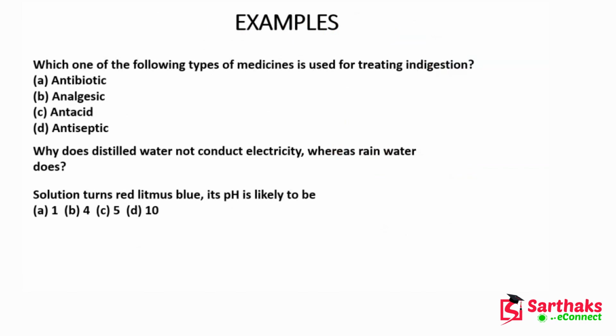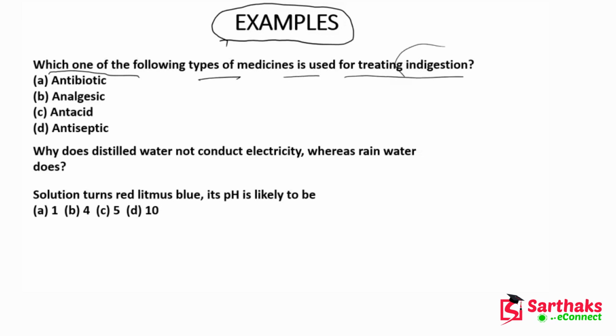Okay guys, in this slide we will talk about some examples so that we can check the knowledge we have gained in the previous slides. The first example is: which one of the following types of medicine is used for treating indigestion?